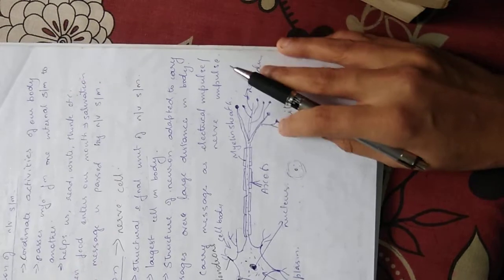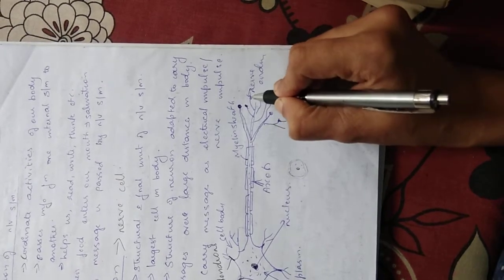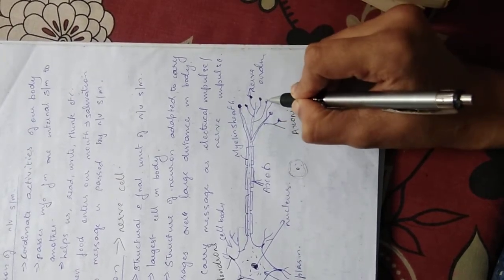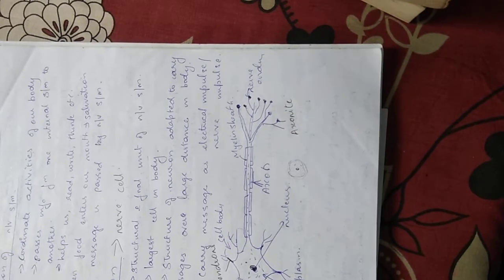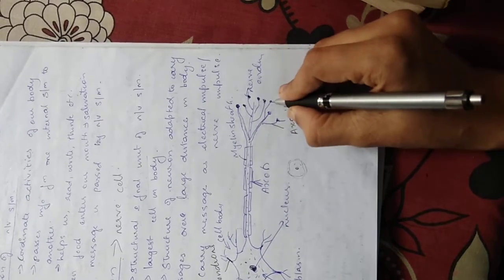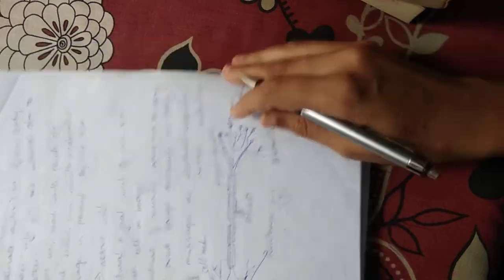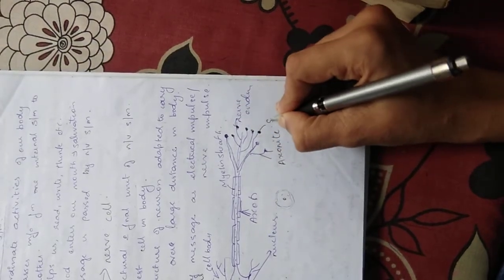Now, if you see, the axons end in a bulb-like structure, a knob kind of structure, known as synaptic knob.